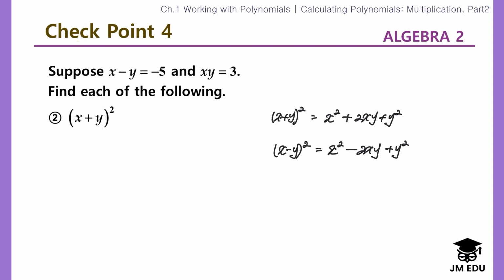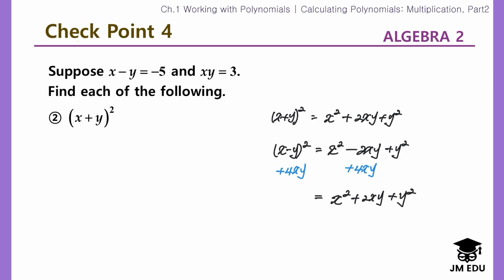So x minus y squared, if we add plus 4xy here, then on the left hand side, we have x minus y squared plus 4xy. On the right hand side, we will have x squared plus 2xy plus y squared, right?